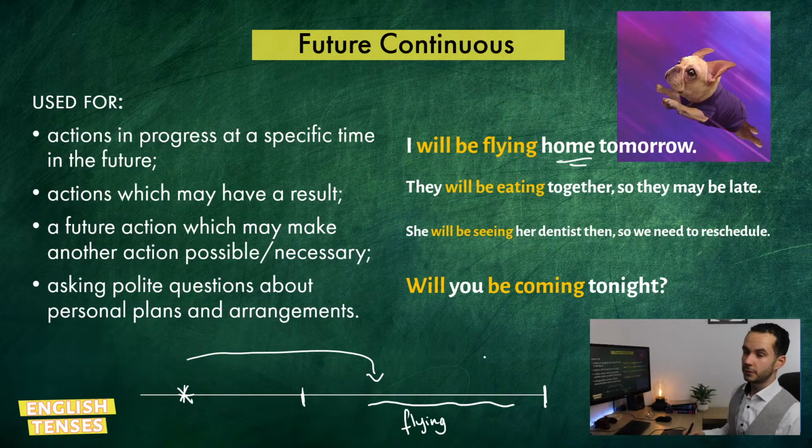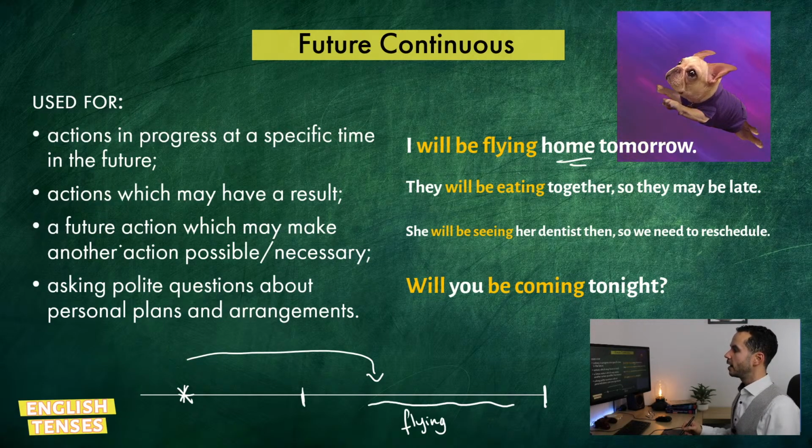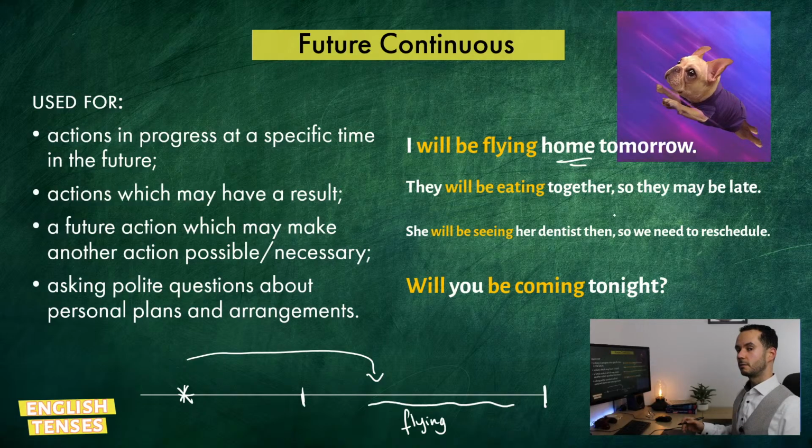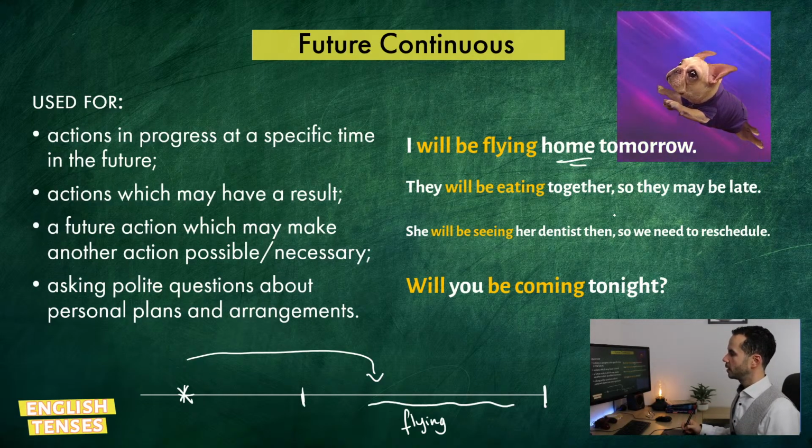Other instances in which we use future continuous are for actions which may have a result. So they will be eating together, so they might be late. We have two people eating together and they might be late. We also use it for an action which may make another action possible or necessary. So, she will be seeing her dentist then, so we need to reschedule.